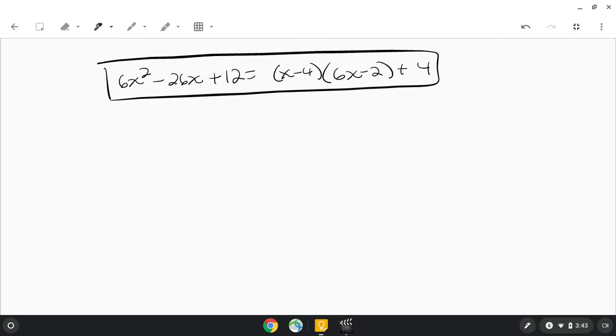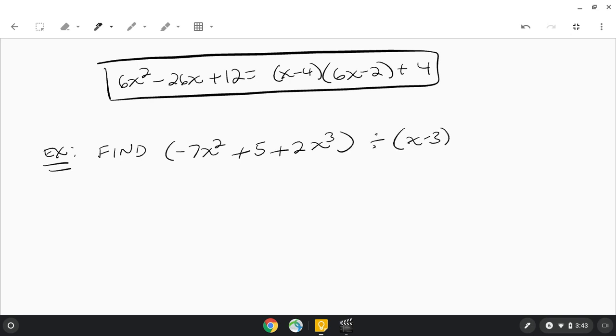Let's take a look at another example. Let's find negative 7x squared plus 5 plus 2x cubed divided by x minus 3. So x minus 3 on the outside, and the other one will go on the inside.